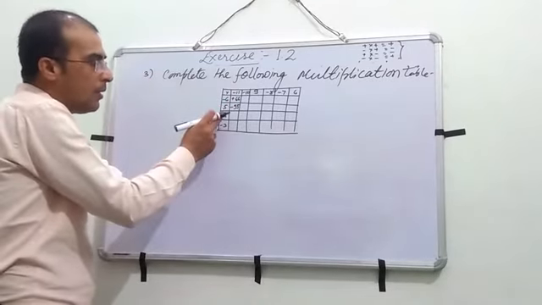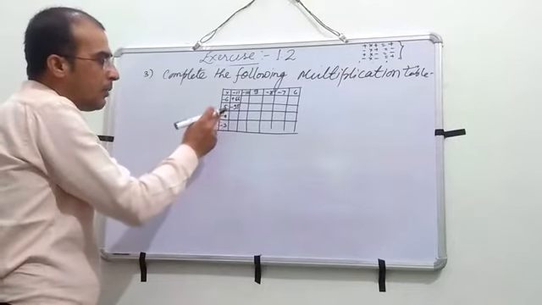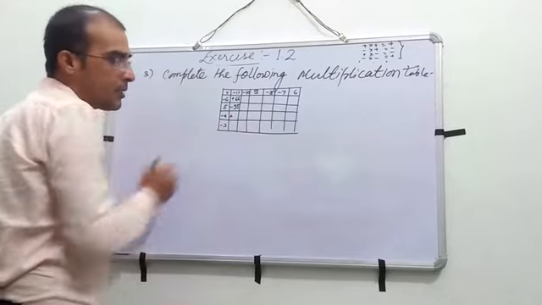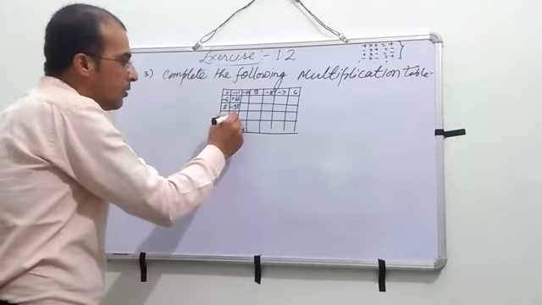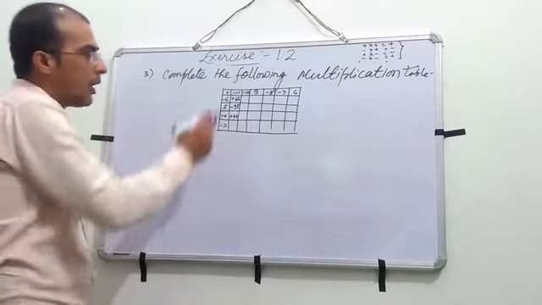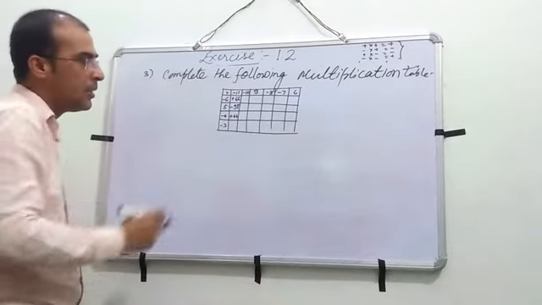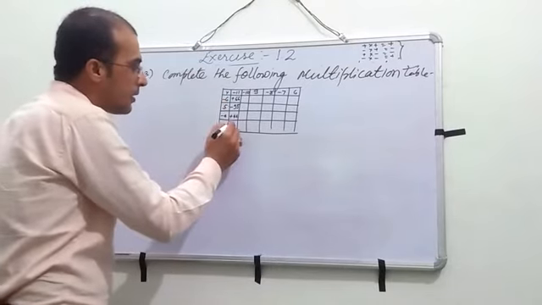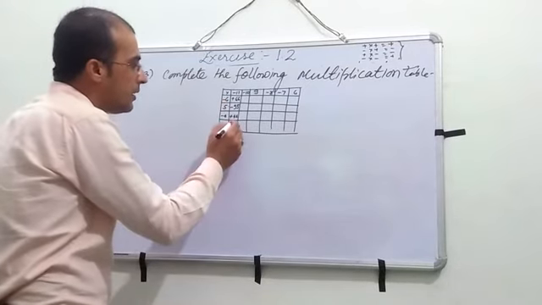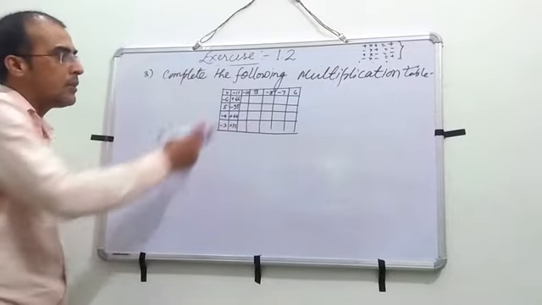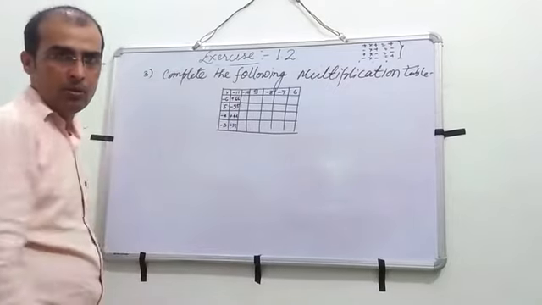Again you will multiply minus 11 with minus 4, minus plus. 11 fours are 44. Again you will multiply minus 11 with minus 3, and 11 threes are 33. So like this you have to complete these numbers also.